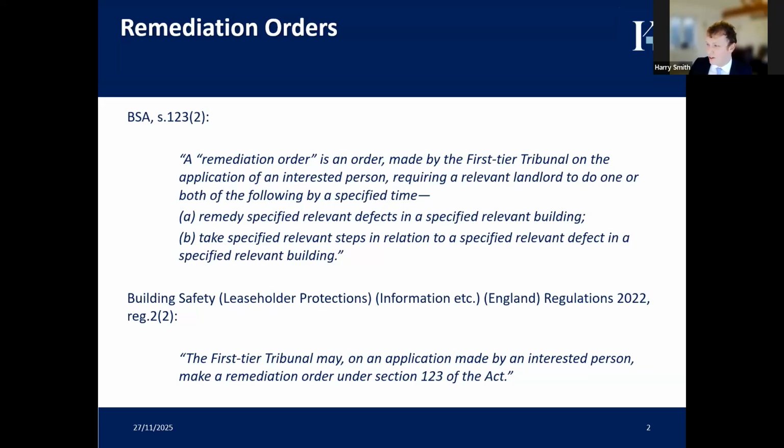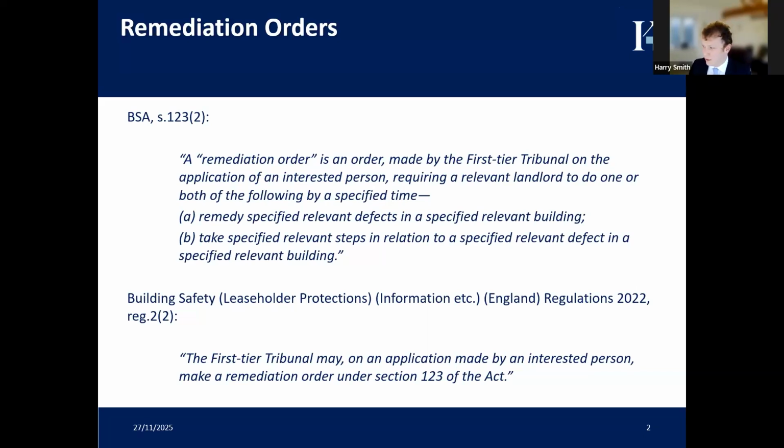A, remedy specified relevant defects in a specified relevant building. B, take specified relevant steps in relation to a specified relevant defect in a specified relevant building. Specified in that section obviously means specified in the order.